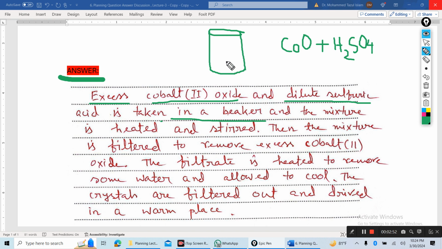You will take cobalt(II) oxide plus sulfuric acid, and the mixture is heated and stirred. You will give heat.